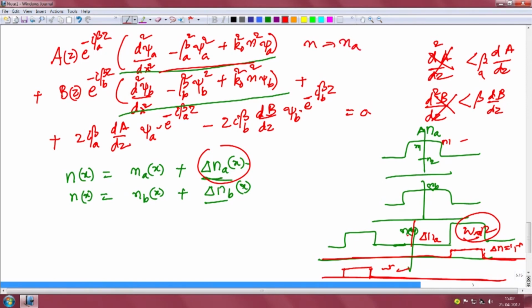So, instead of n we can replace this entire thing by delta n A. Of course, I would like to emphasize once again that most of the time you have n squared in your equations, so I would represent the perturbation in terms of the squares of the refractive index rather than just n.